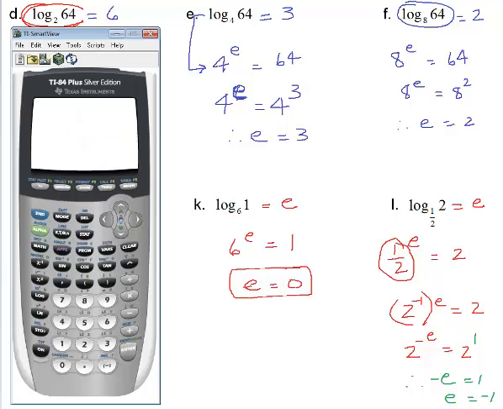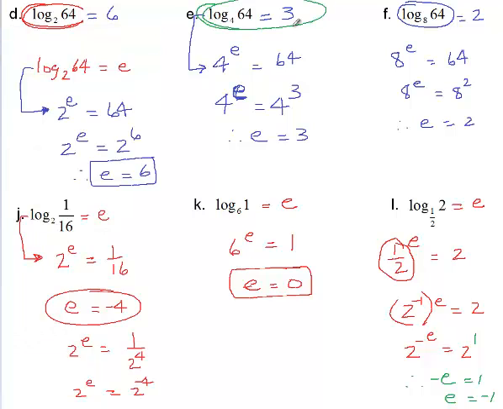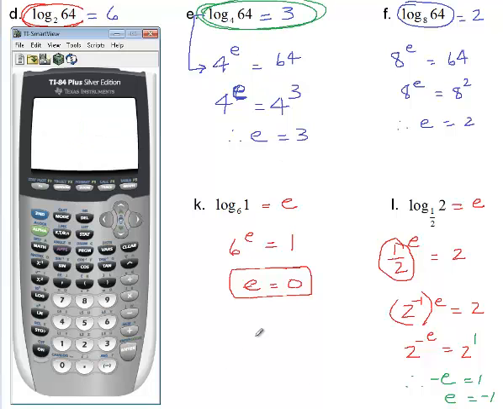Now, I have an older version of the TI-84 here, so I have to use the log button but switch out of log base 10. Let's pick one of these to do on the calculator, let's pick E. Some of the more modern versions of the software do have a log base B button, and you can just put 4 in as a base and 64 and press the button.